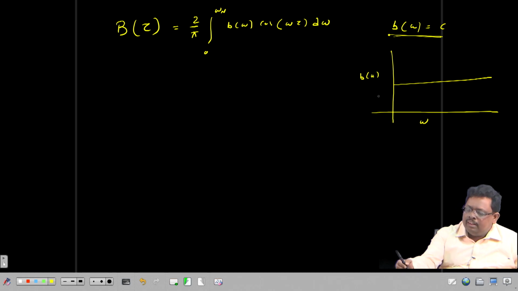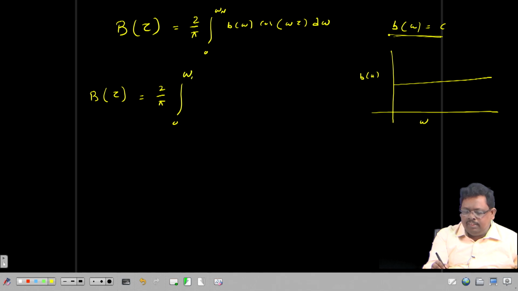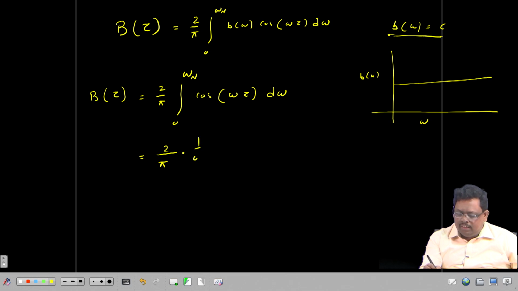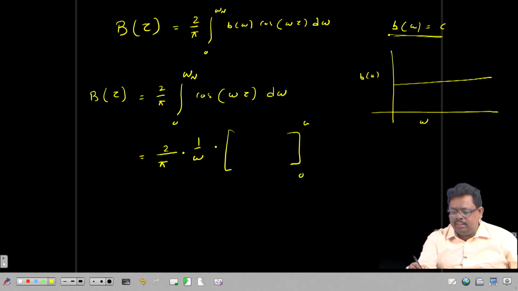Now, using this we have beta equal to 2 by pi, 0 to omega n, cos of omega tau into d omega. If you integrate this term, then definitely we have 2 by pi, and again 1 upon omega multiplied by this functional value, from 0 to omega n.